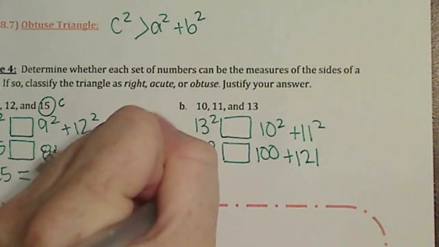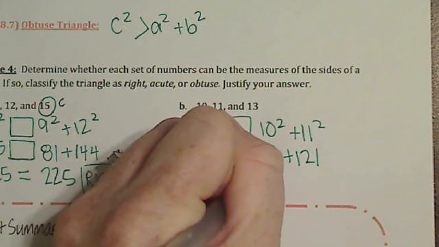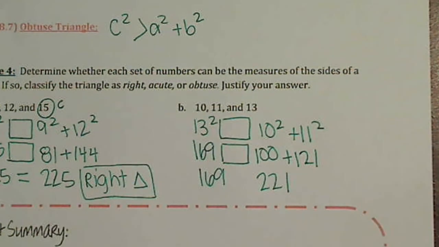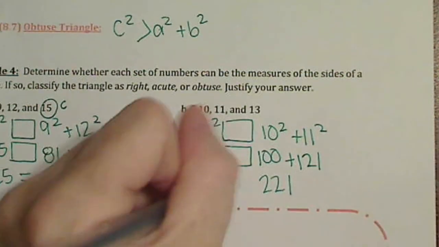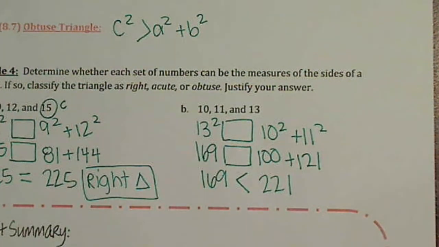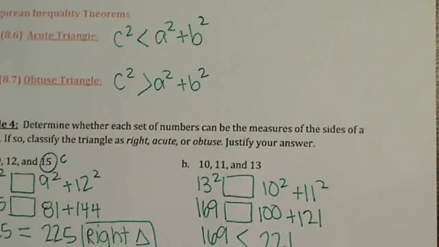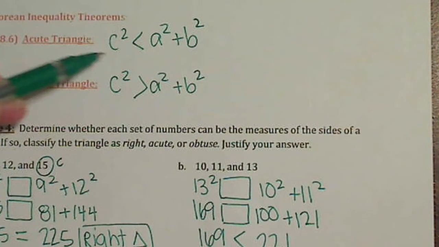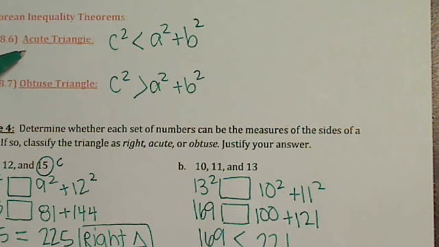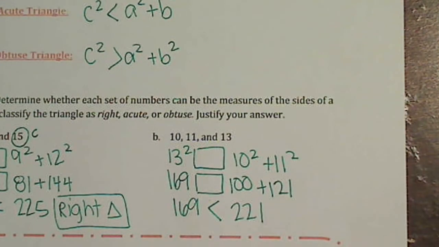So 169, and we're going to compare it to 221. Is it greater than, less than, or equal to? 169 is less than. So because it's less than, that follows under our theorem 8.6. It must be an acute triangle.